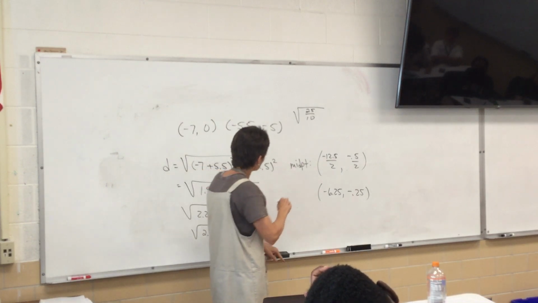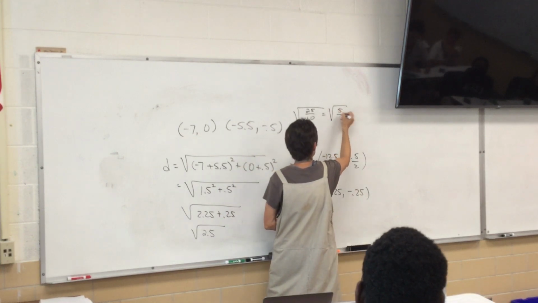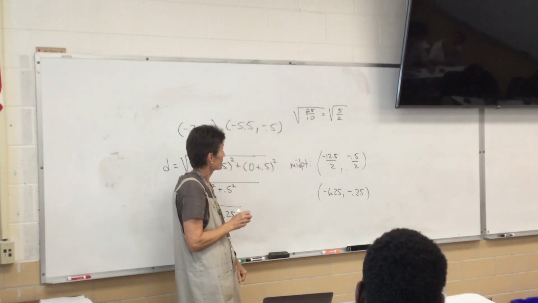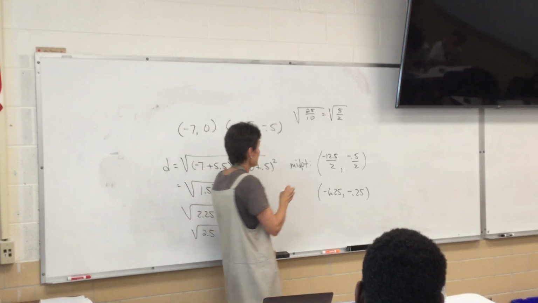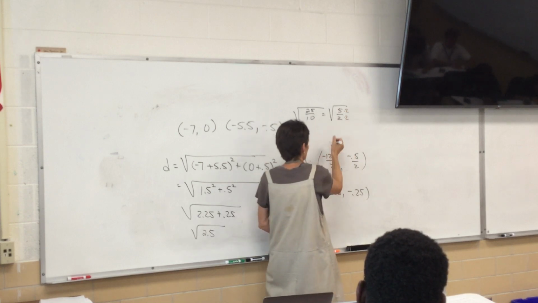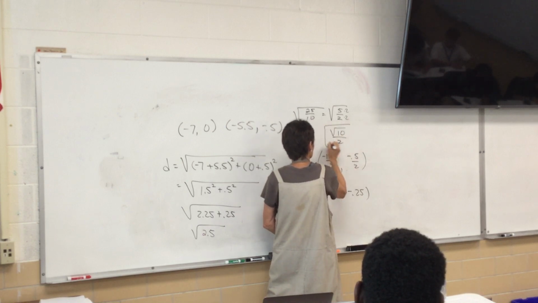So I think I'll change it into a fraction and simplify it. So that does reduce to just 5/2. And then I'll multiply the top and the bottom so that I have the square root of 10 over 2.